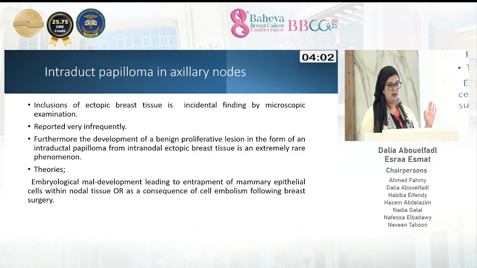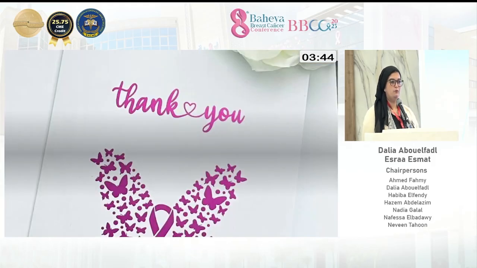As in this patient, she had frequent excisions of her intraduct papillomas in the breast, and finally came to present with another intraduct papilloma and an intraduct papilloma in the axillary lymph node. Thank you.